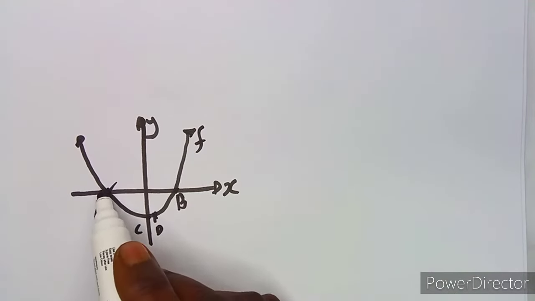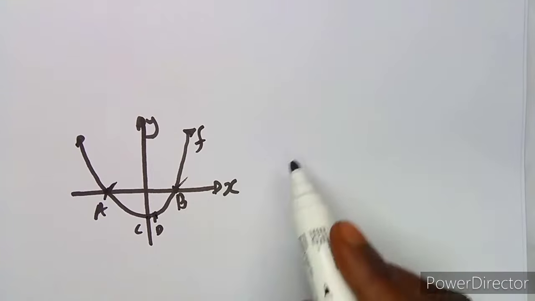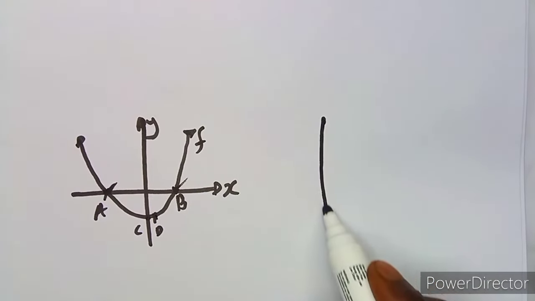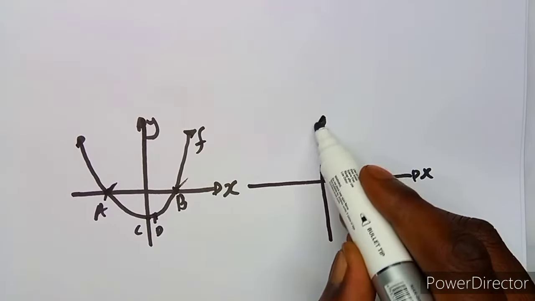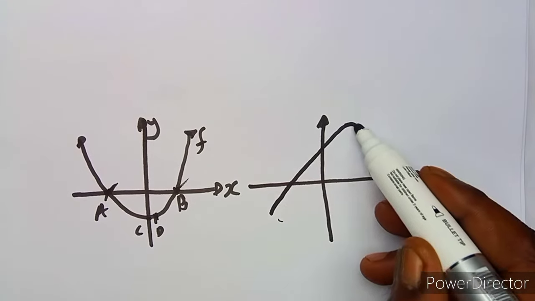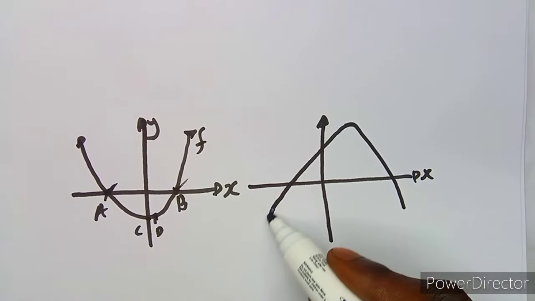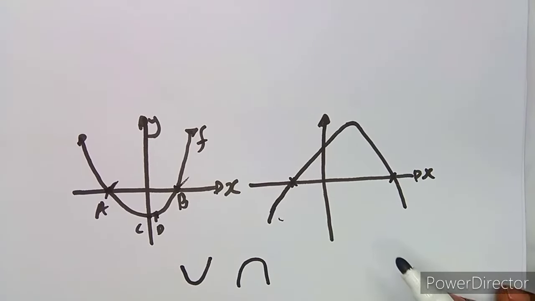As we can see, A and B are the intercepts, the x-intercepts, and C is the y-intercept, and then there is the turning point. How you end up with this graph is the important part. How are you going to end up with a shape like this, or with a shape like this, is what is important.